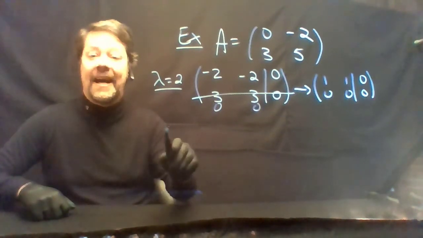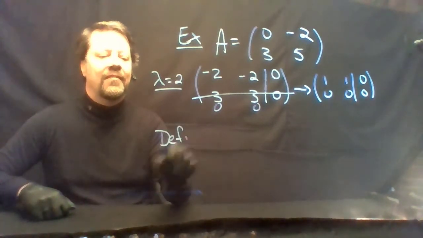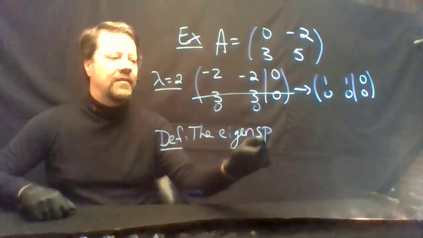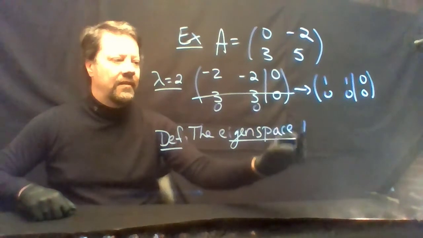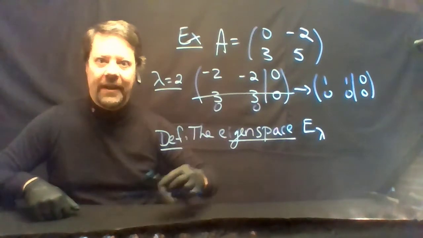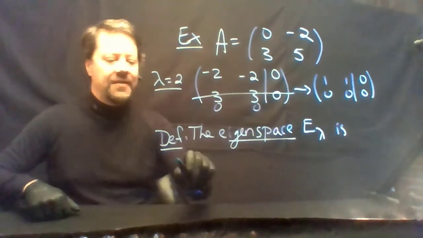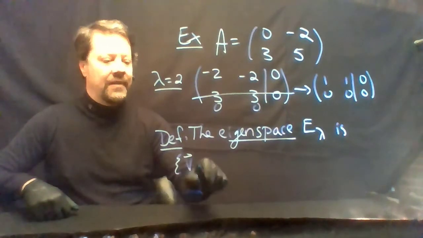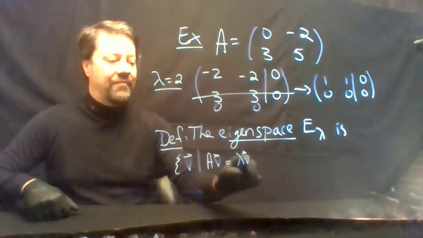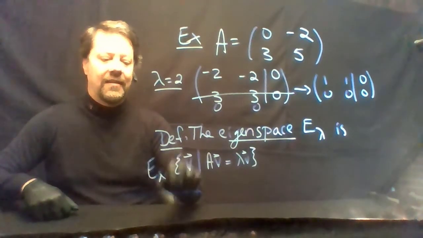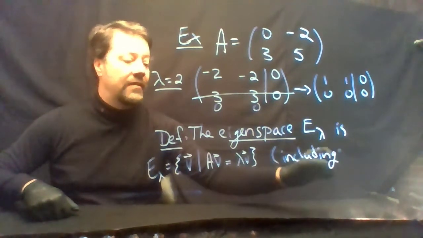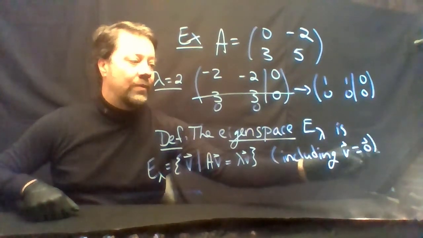I'll describe something called an eigenspace. It's denoted by E with a subscript of lambda, where lambda is whichever eigenvalue you're dealing with. It is the set of all v such that Av is lambda v, and this includes v equals 0.